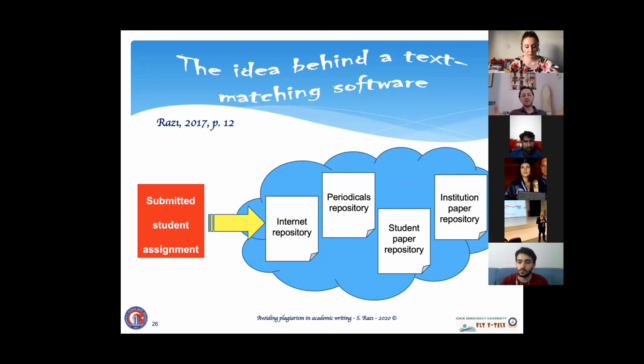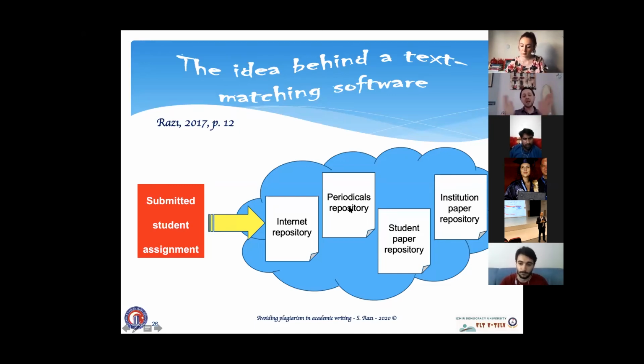So, for example, if you are talking about your university, IZMIR Democracy University repository, it means that all the assignments submitted by these university students will be stored in another repository. Then once you submit an assignment, what happens? Turnitin algorithms check the assignment against the repositories.